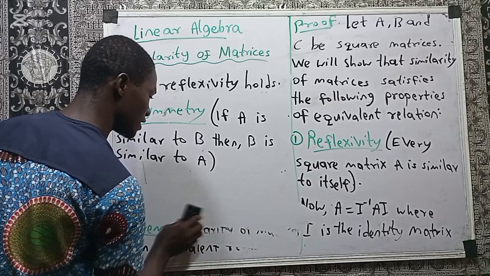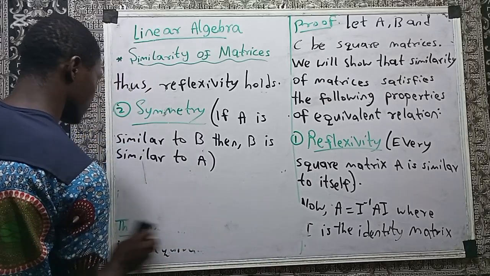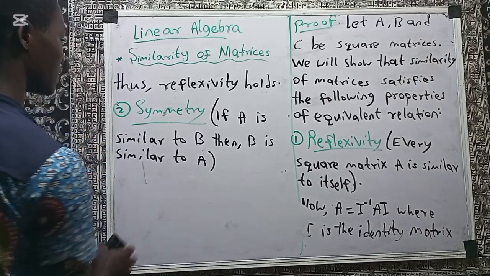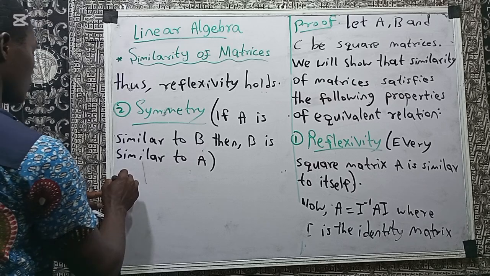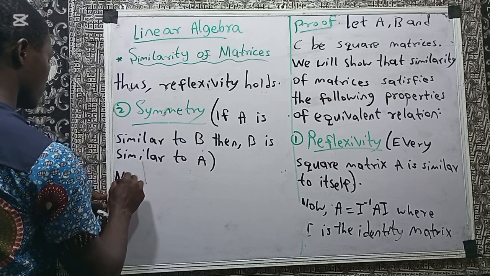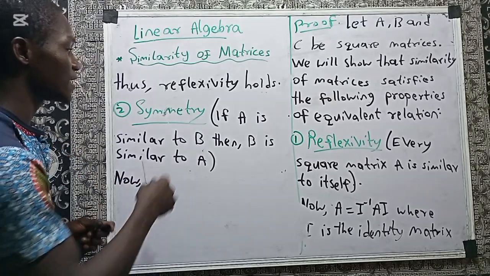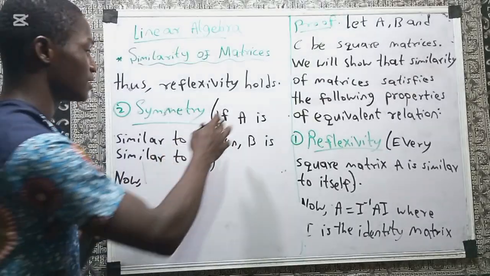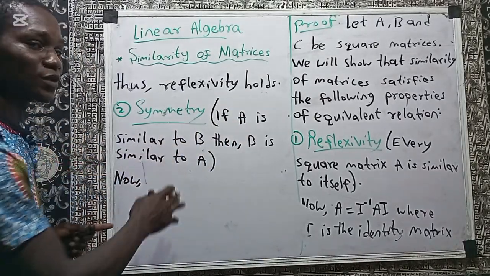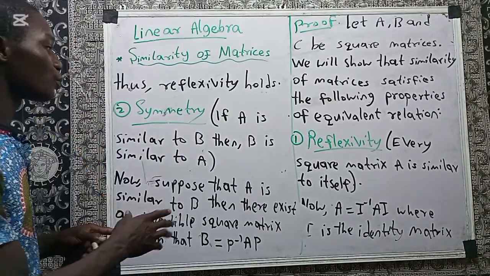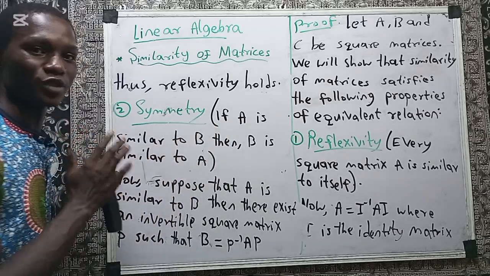So let's show that this property holds. Now, let's suppose what they said first. Suppose that A is similar to B.